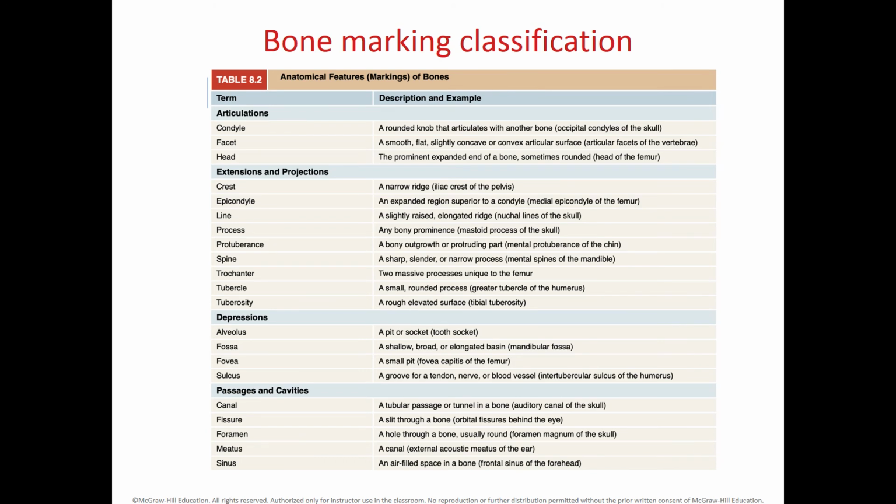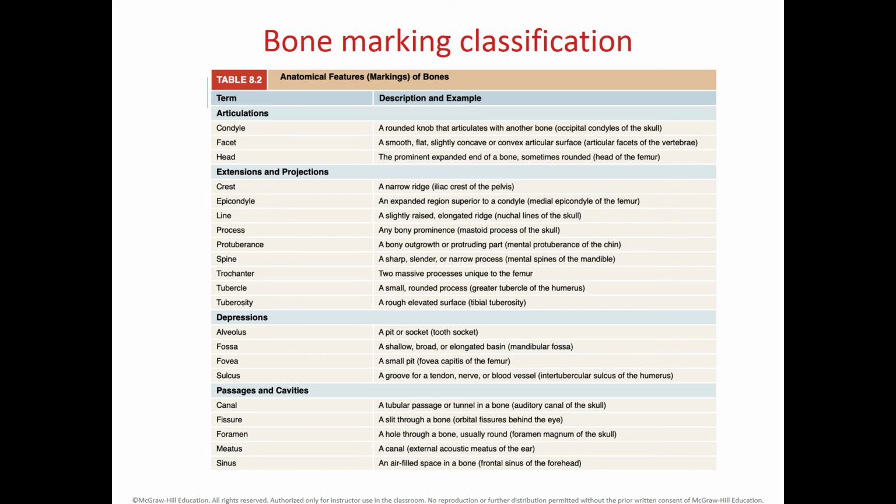The facets are smooth surfaces that can be flat or slightly concave, or sometimes convex, and help to form an articulation. We have heads, which are large projections that are located above a neck. And sometimes this head is completely round, like in the case of the head of the femur or the head of the humerus.